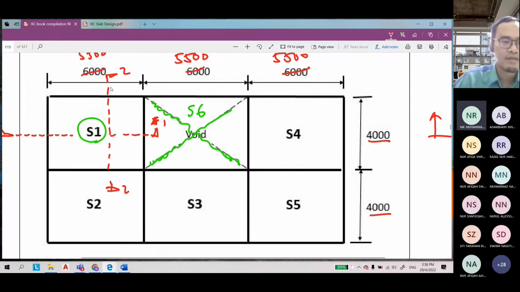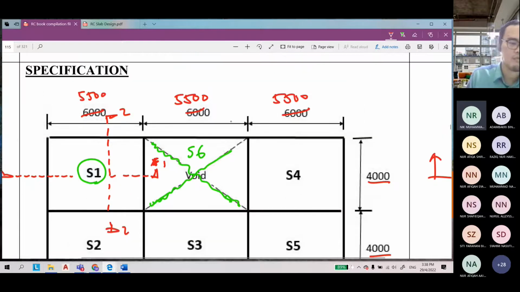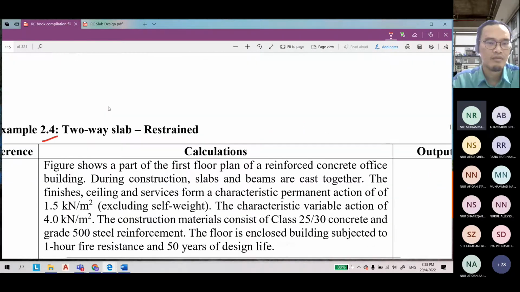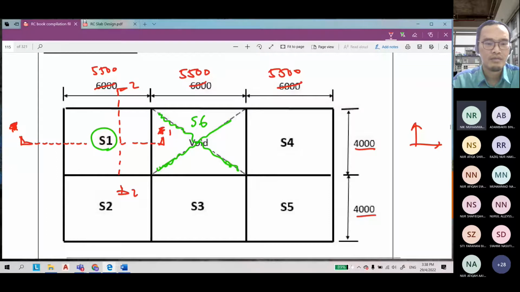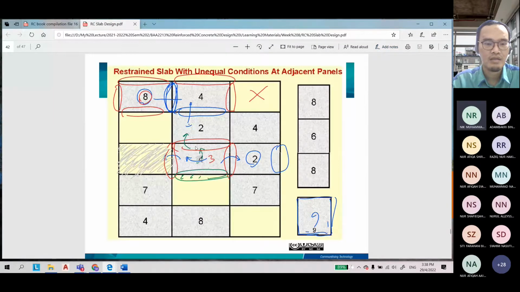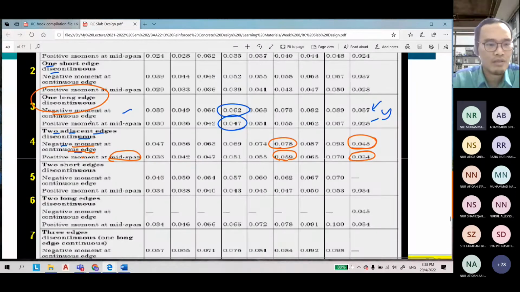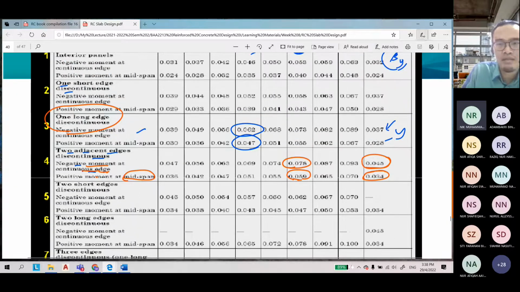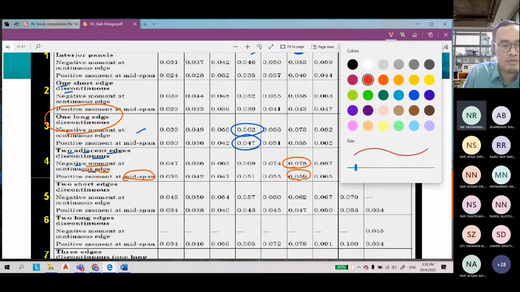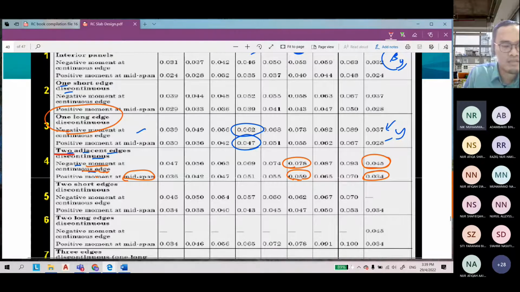So we will have the bending. Which case applies for slab number 1? Case number 4. We refer back to the table here. Case number 4, because this is the case of two adjacent edges discontinuous.